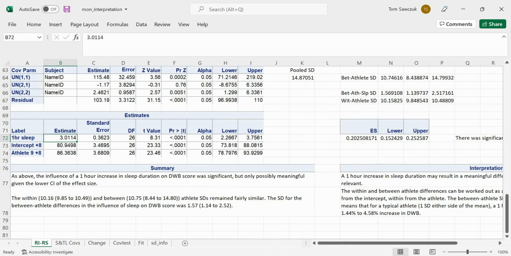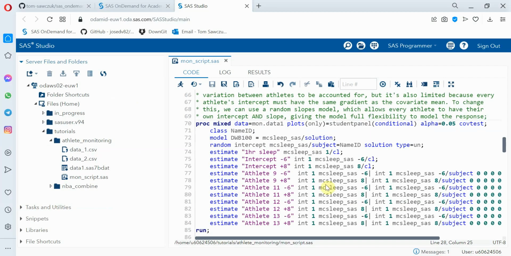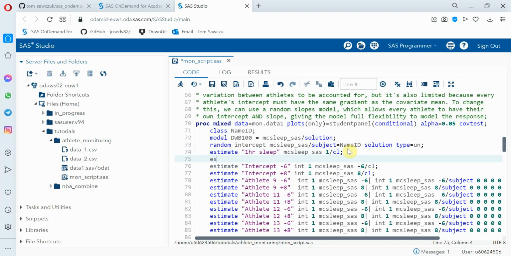And in case you are unsure of how to actually get each athlete's individual sleep change, all you need to do is take out the intercept terms that we used before.